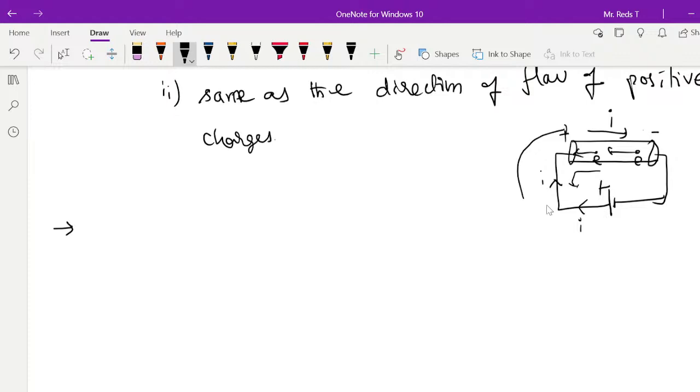So is it a vector? We have studied that any physical quantity having both magnitude and direction and obeying vector laws of addition is called a vector.